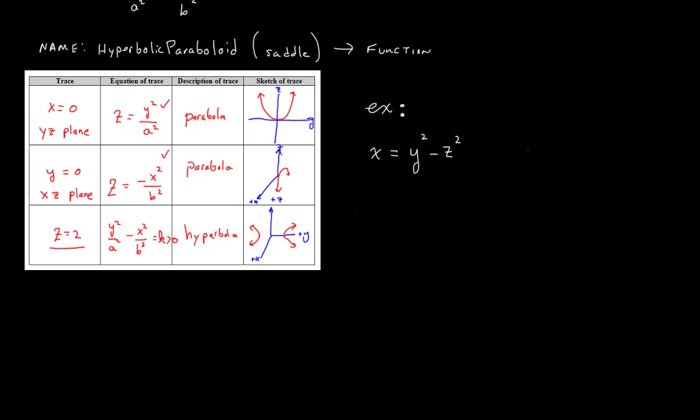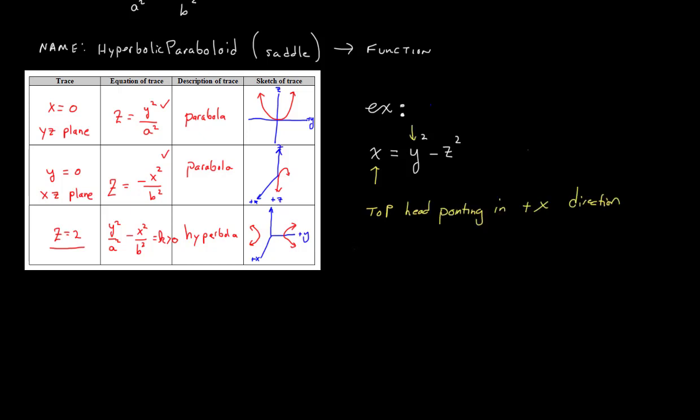Okay, this next one is going to be really hard to draw. In fact, it would take some acrobatics to illustrate this, but we can look at it and decide what the shape would look like. Okay, so this is going to be a hyperbolic paraboloid. Because it's positive, the top of the head is pointing in the positive x direction.